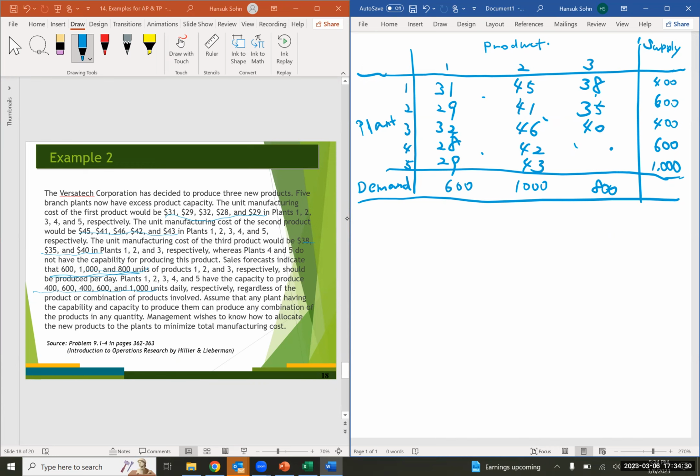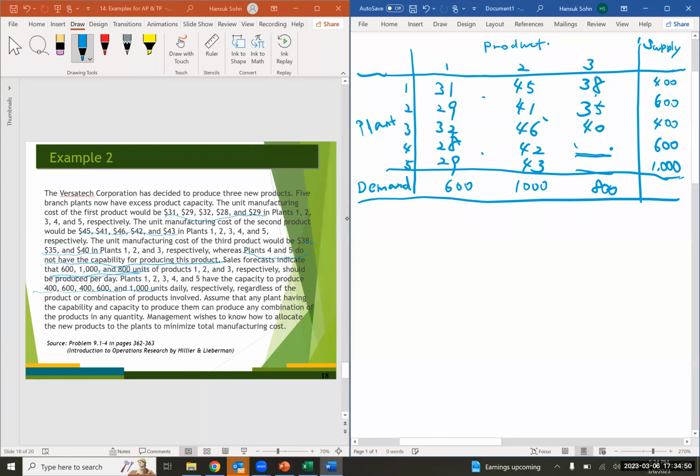But it does say plant number 4 and 5 do not have the capability for producing product number 3. So how do you address this in this parameter table?